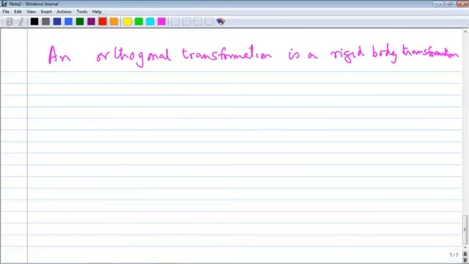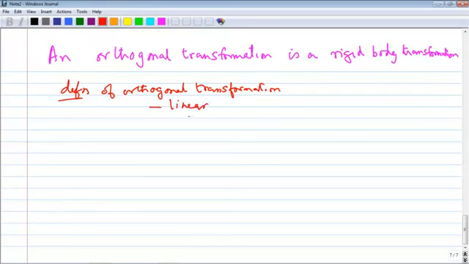So just to remind you, we started with the definition of orthogonal, which was that it is linear and it preserves inner products.